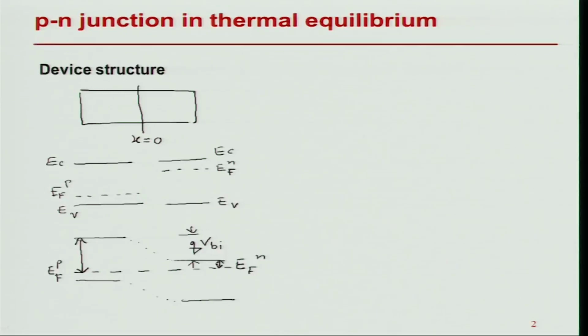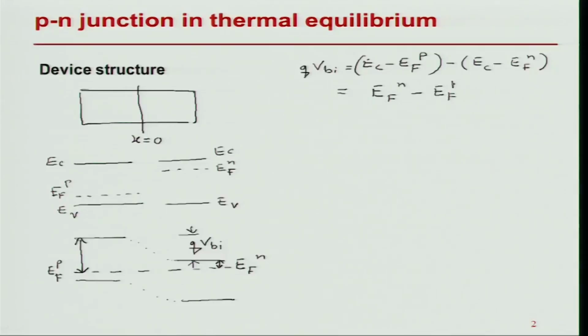So, even if I just look at it pictorially, I can say that my built-in potential is equal to EF on the n side minus EF on the p side.